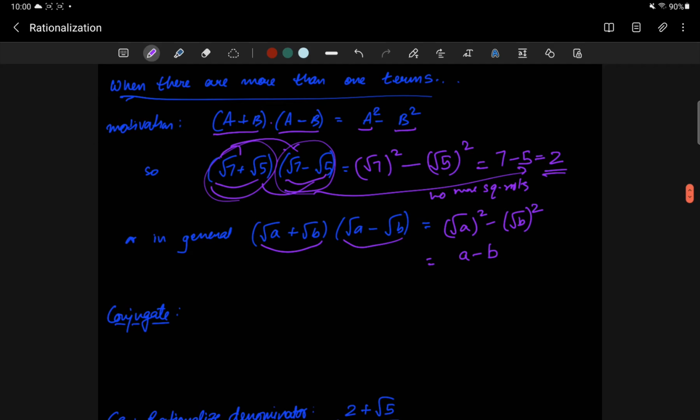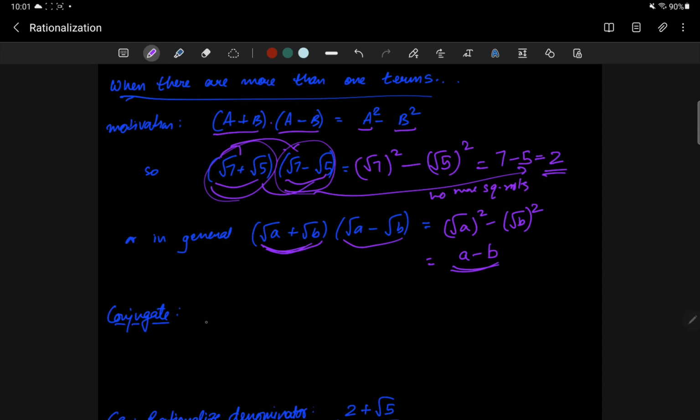All right. So now that we have our motivation as to how this particular square root stuff can be made into a fixed number, we move on to a definition called conjugate.